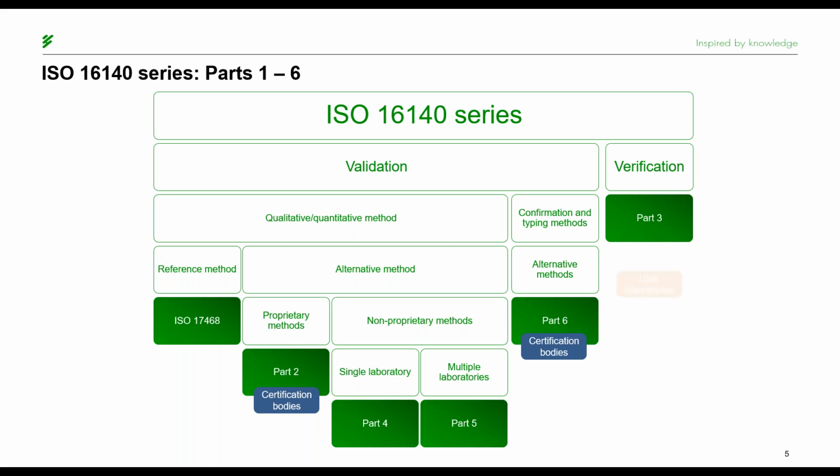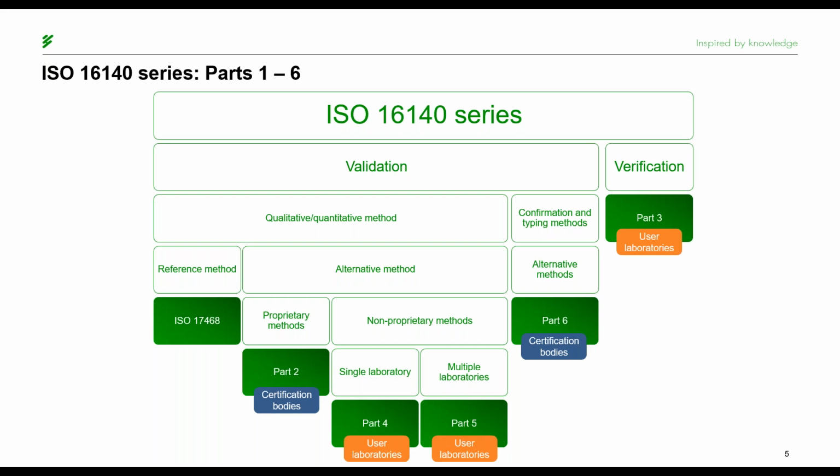And on the other side, parts 3, 4, and 5 would be for the verification or validation of methods in our laboratory, for which the user laboratory would be responsible.